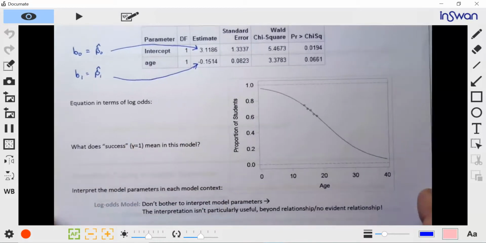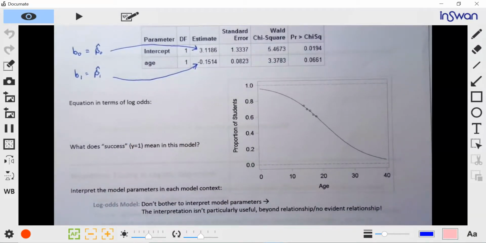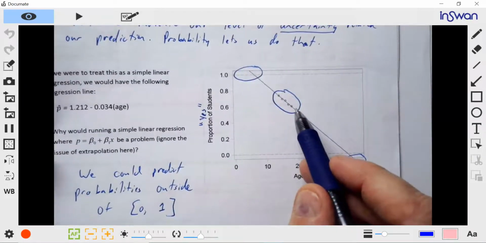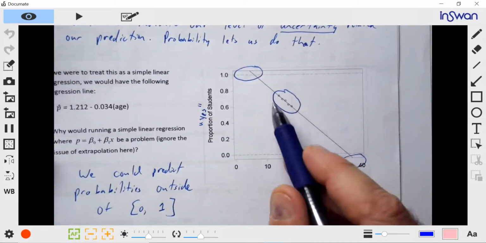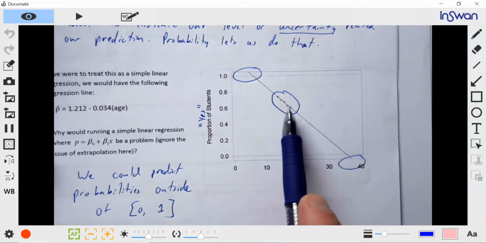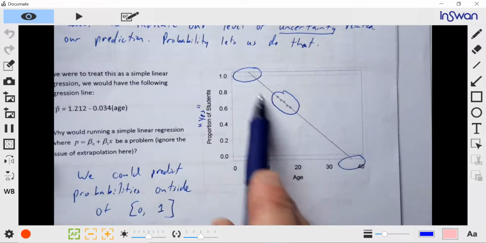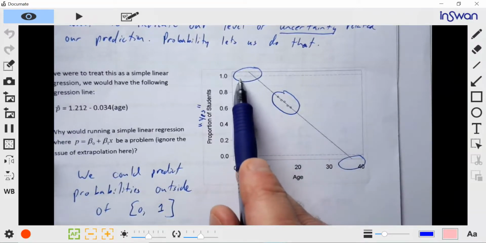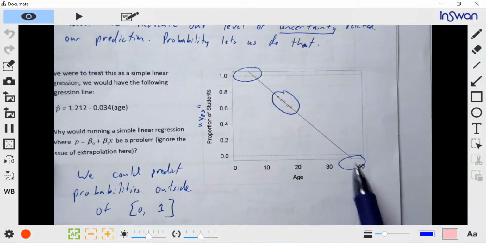So here's a picture of our model. Remember what we saw in chapter 9a notes. We thought about possibly fitting this simple linear regression model to this data set, and it seemed to do okay within the range of the data, but the linear model had some characteristics that we didn't particularly like, in that, namely, it went beyond the range of probabilities.